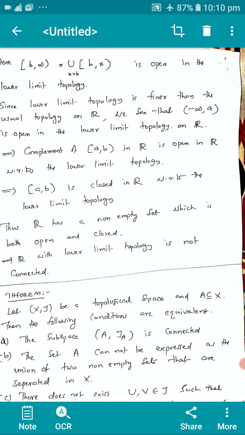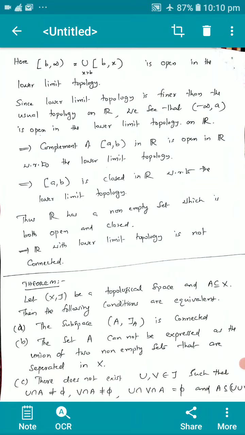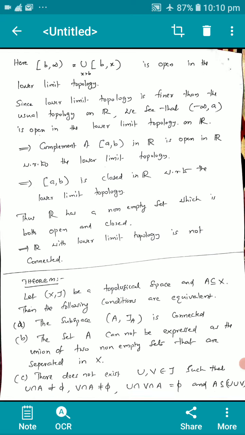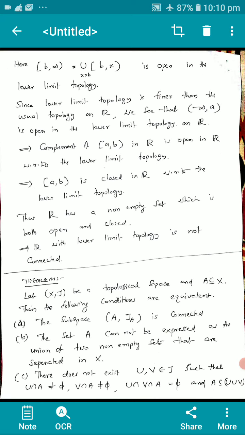Since the lower limit topology is finer than the usual topology on R, we see that (minus infinity, a) is open in the lower limit topology on R. So the complement of the closed open interval [a, b) in R is open with respect to the lower limit topology. That is the conclusion we are getting.